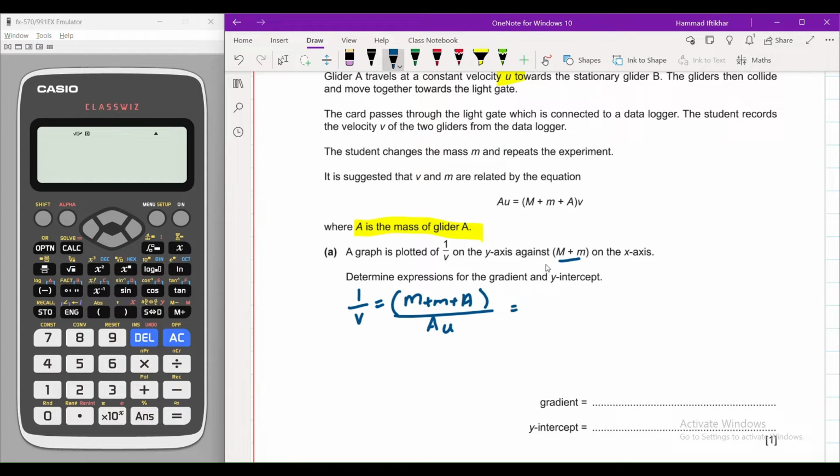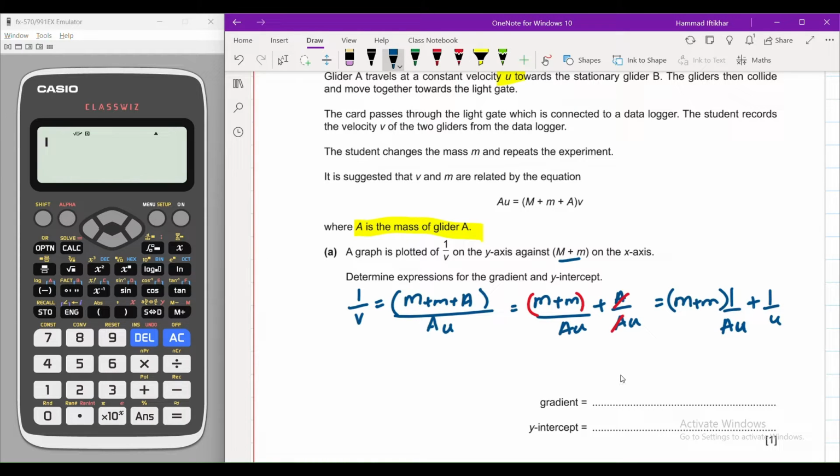So let's expand this: M plus m divided by Au, plus A divided by Au. The A and A get cancelled, so we are left with (M + m) times 1 over Au, plus 1 over u.